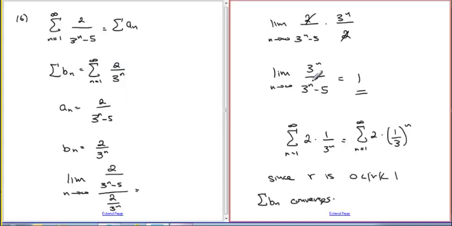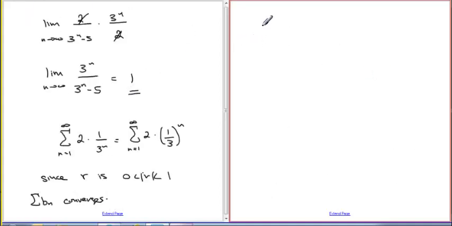And from the ratio test, because there is a limit of 1, the whole thing converges. Now, I was just thinking about this one. There's probably a more satisfying way of looking at this.